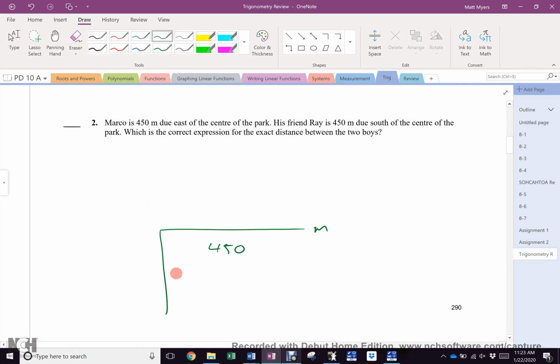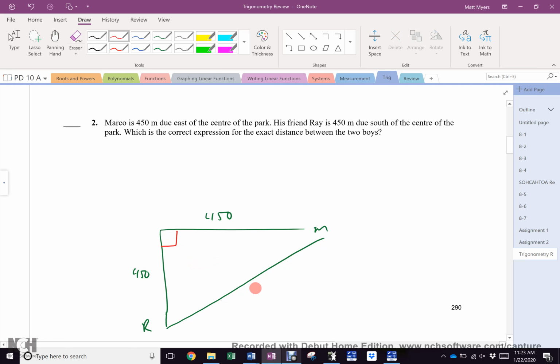Ray is 450 down here. Well, if they're the same, this is a 45, 45, 90 triangle. So the distance between the two boys must be, this should be 45, 45, 90. So there's the 90 degrees.